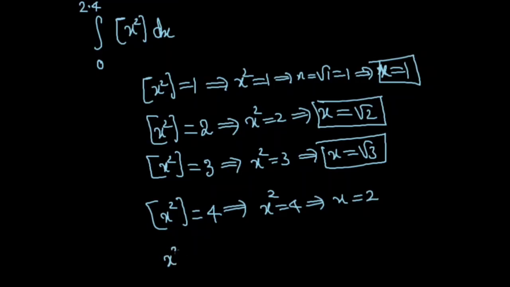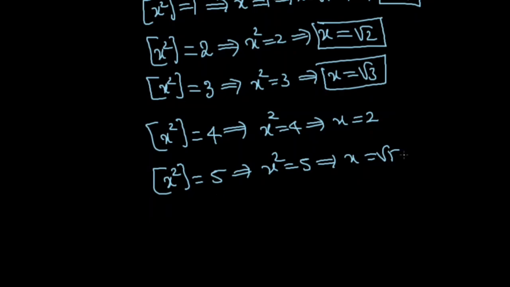Next, x square is equal to 5, so x is equal to root 5. Here input is root 5, output is 5. This is nearly 2.23 or something.